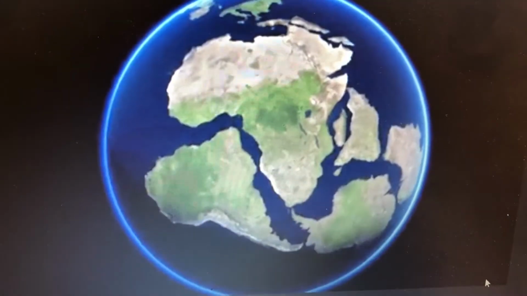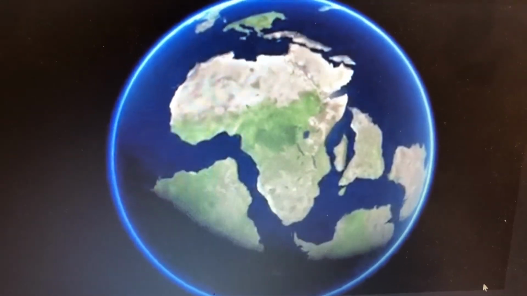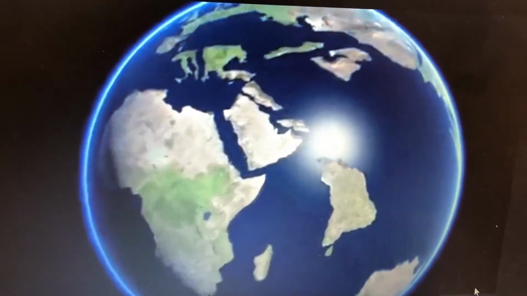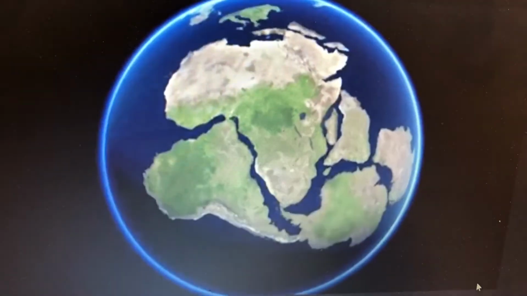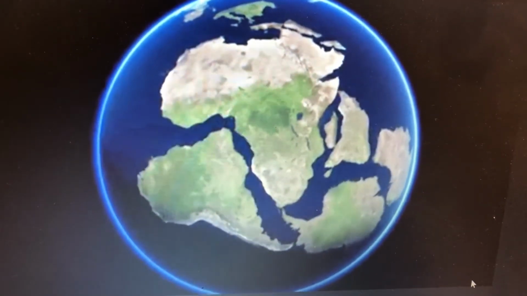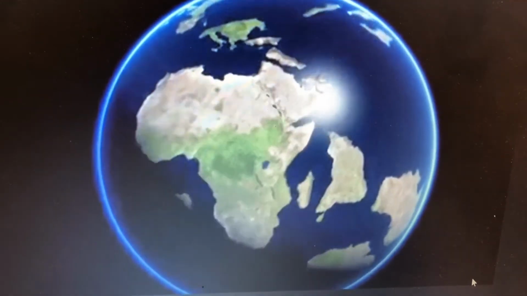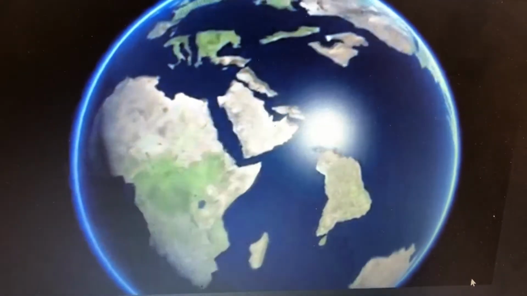And he said, you know, I think that the continents must be moving. Sort of like this. Kind of interesting, right? He said, I think the continents must be moving. They're moving apart. Interesting theory. But they were not too sure about this theory. They just knew that something was going on.